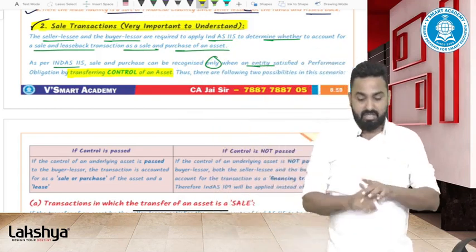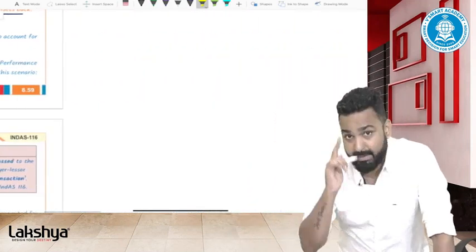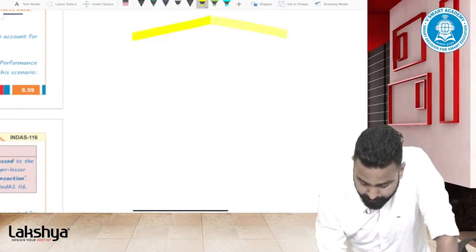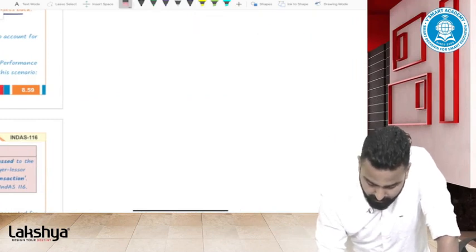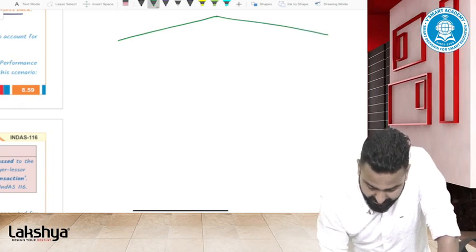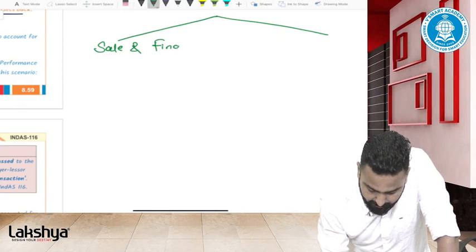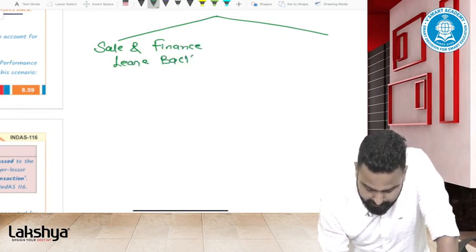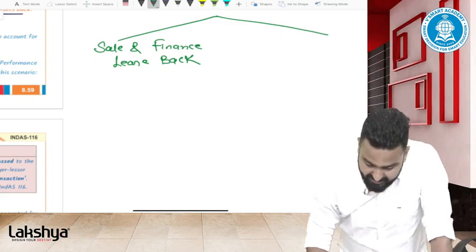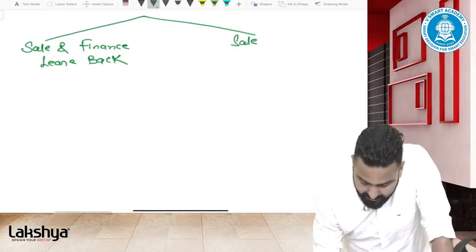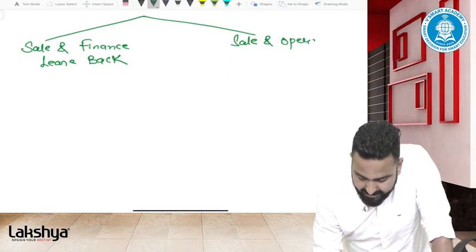Now try to understand. There can be two cases. Case one is sale and finance leaseback. And the second case could be sale and operating leaseback.